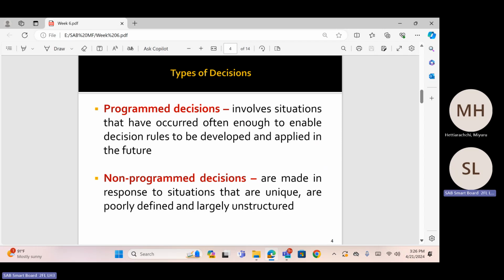Then there can be more information available to address these routine problems. Then a lot of alternatives can be derived, any number of alternatives. Then easily the best one can be selected.